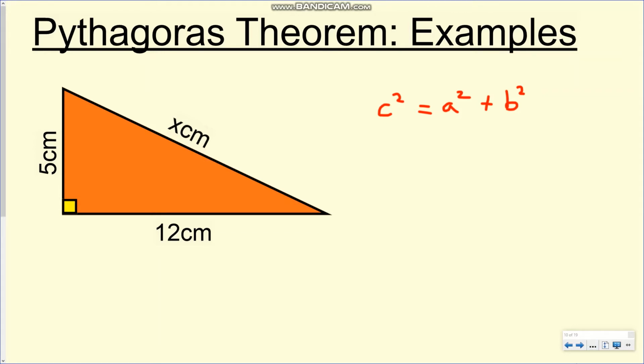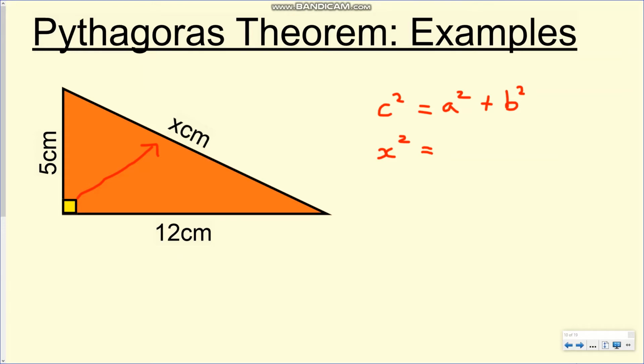The second thing I'm going to do, because I'm missing my hypotenuse, which is opposite the right angle of the triangle, my a and my b values are the two numbers that I have on the outside of the triangle. So I'm going to rewrite my hypotenuse as x squared, because that is the letter that's being used to hold the place of this value just now.